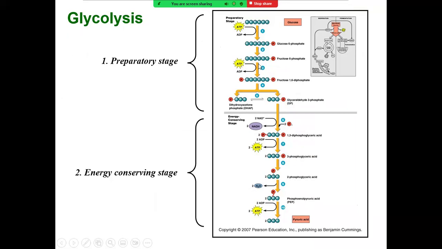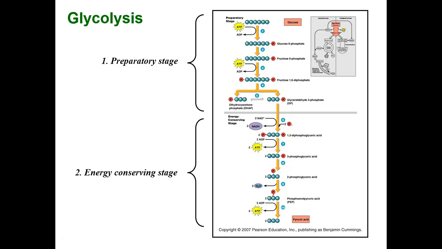And along the way down here, you do make 2 3-carbon molecules, but this one here can be converted into that one. And so eventually we end up with 2 pyruvates from 1 glucose. And that's because a 6-carbon molecule makes 2 3-carbon molecules. Any question about that?